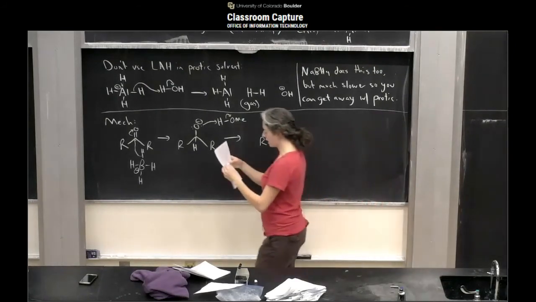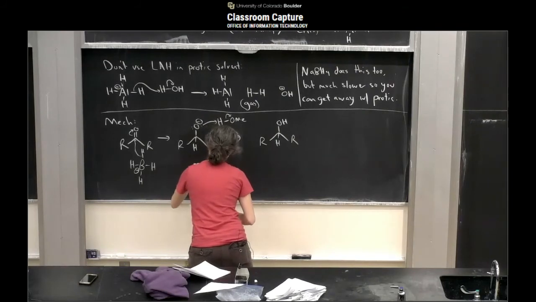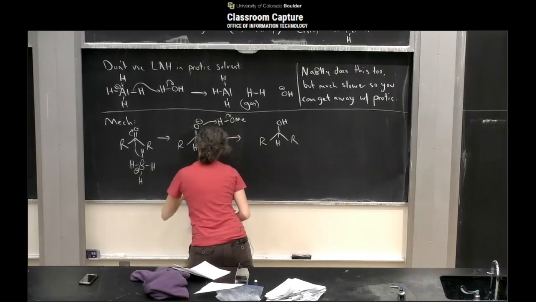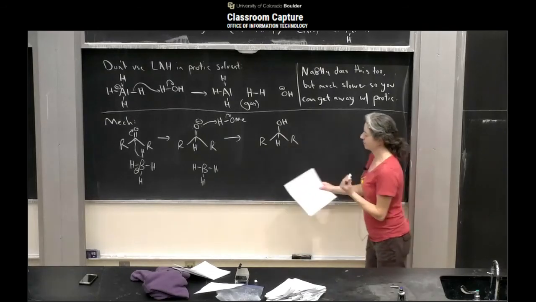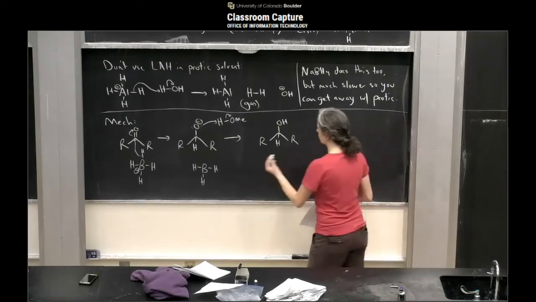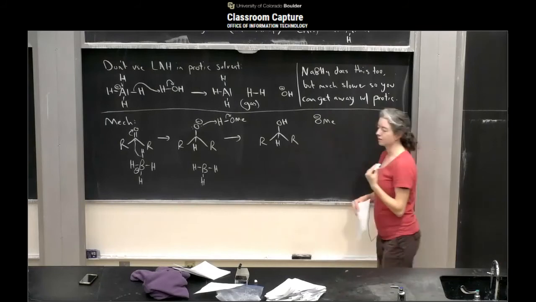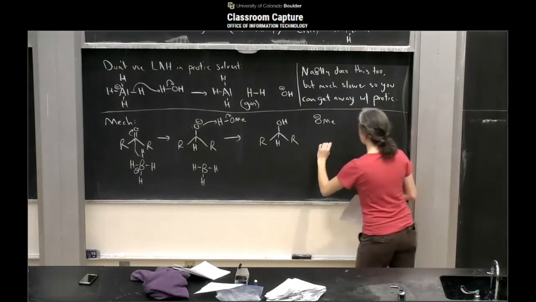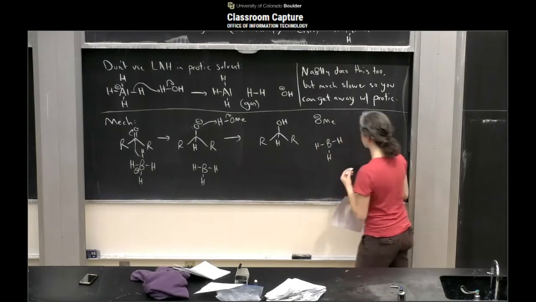Note also that we are, as a byproduct here, kicking out borane, BH3, which you might recognize from hydroboration oxidation. But we're also making methoxide, OMe minus. And so these two are actually going to get together.